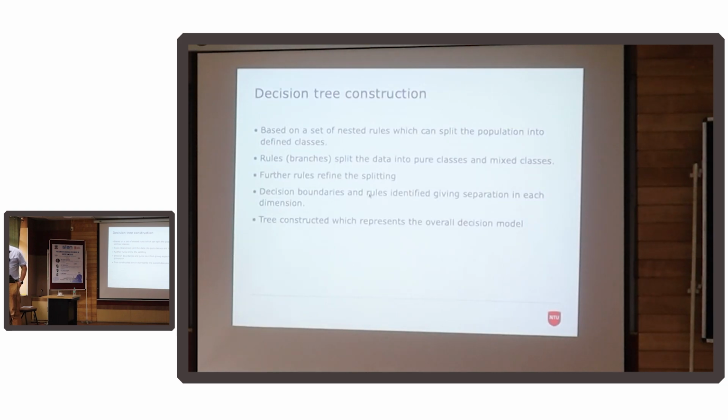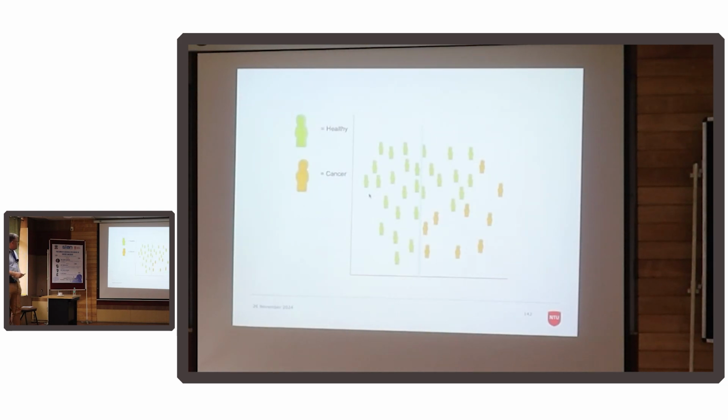So if we take this example, we have our first rule, and we're taking that on the x-axis. What you can see is that the line is moving and defining a group which is a pure class and a mixed class.